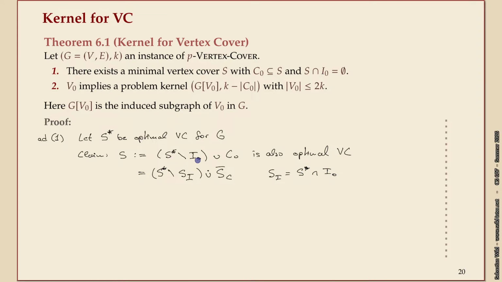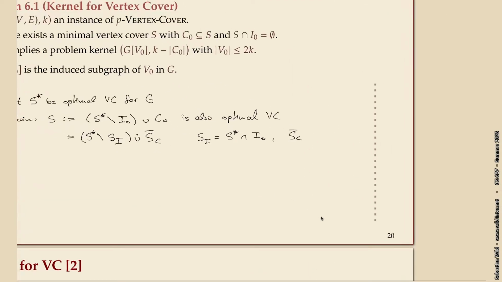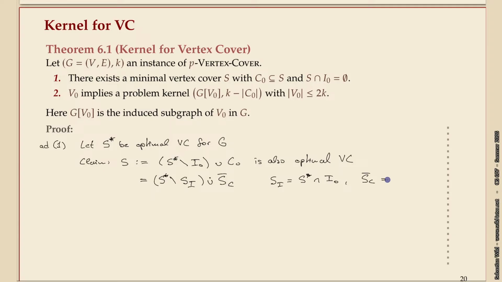Here I'm taking out an unknown number from I0, so I'm just giving that a name. All the elements in I0 that are in S star, these are the ones I want to not have in my solution to satisfy the claim. And conversely, this S bar C is everything in Z0 that's not in S star already.